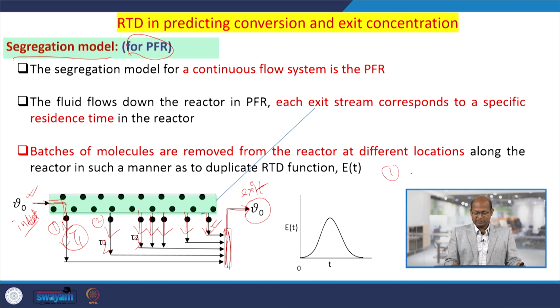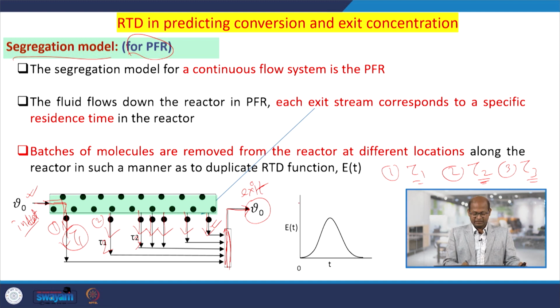So, individual molecules have different residence times or space times, therefore each molecule spends a different time inside the reactor for conversion. So, overall this is the model system for PFR reactors.